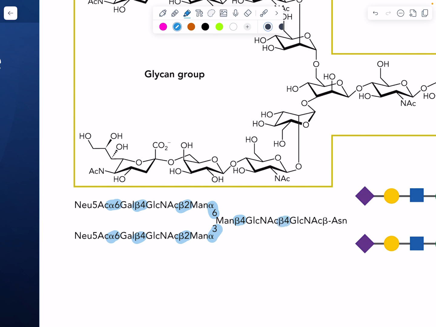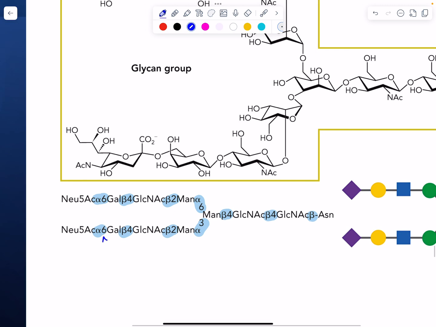The reason you only see one number is because this assumes that you know something about carbohydrate chemistry. The number shown here is only the number of the non-anomeric carbon that's attached in the bond.